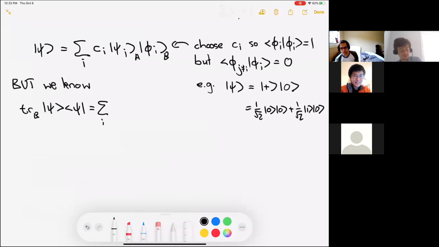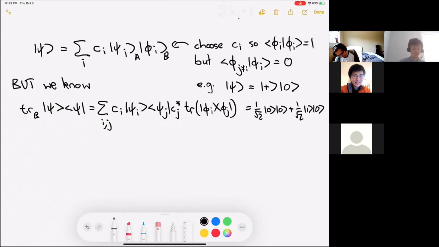The sum over i, j of c_i |psi_i>, <psi_j| c_j star, times the trace over B of |phi_i><phi_j|.